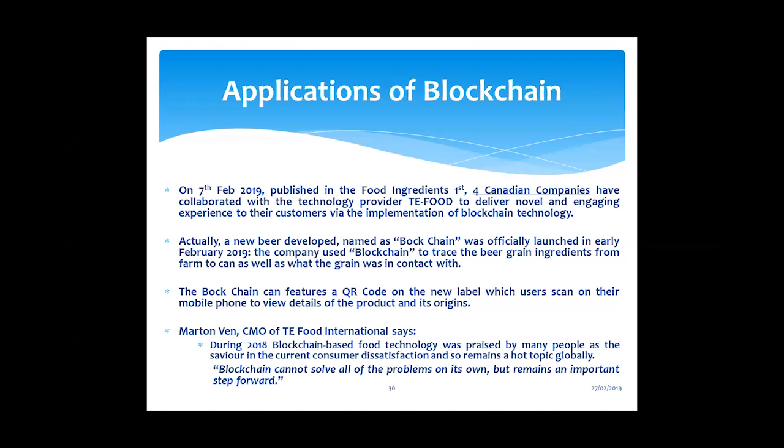The blockchain beverage can features a QR code on the new label, which consumers can scan on their mobile phone to view details of the product and have access to documented data on the origins as well.